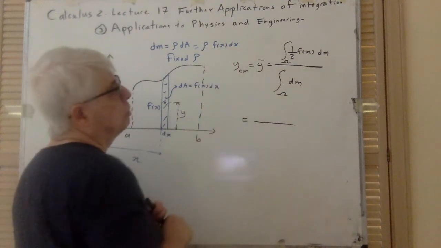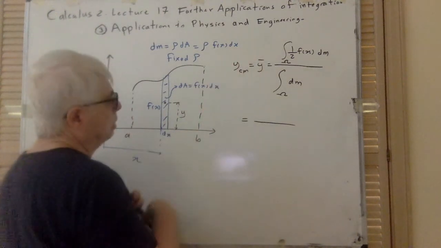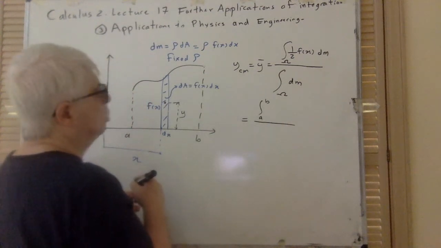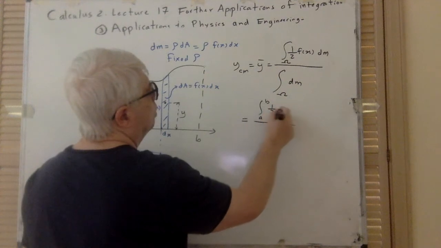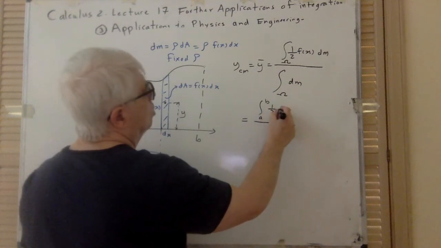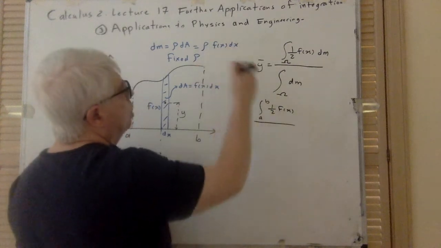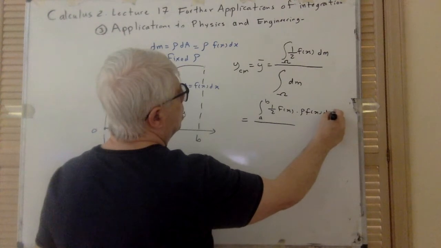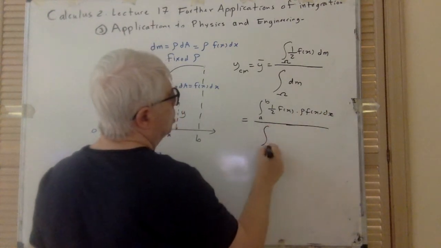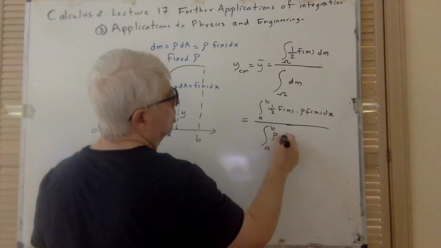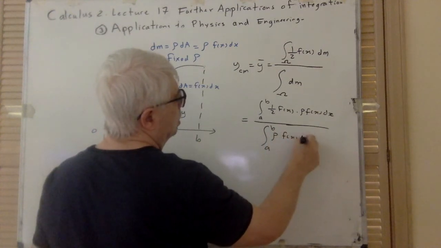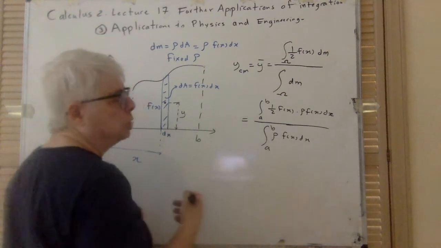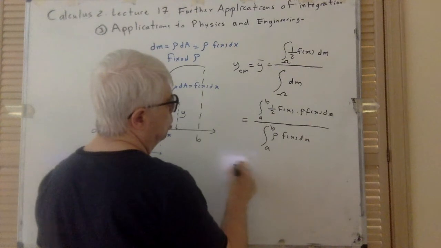So the eventual differential is x. Again, this integral is from a to b, that's where x changes, and I have 1/2 f(x) times rho f(x) dx, and the denominator is simply the same thing, rho f(x) dx. Again, if rho is fixed, fixed means that it doesn't change with x or y, so I will get this nice formula.